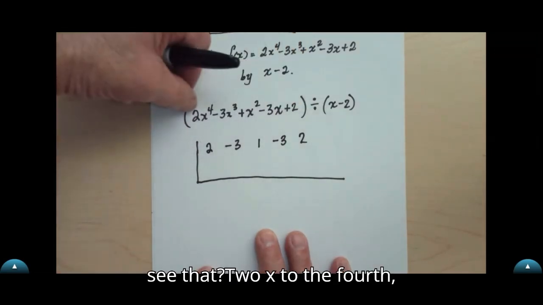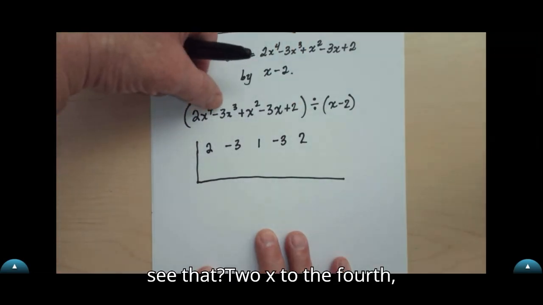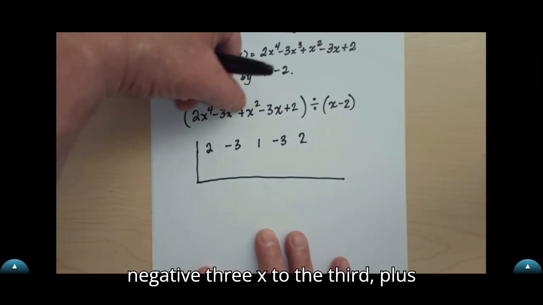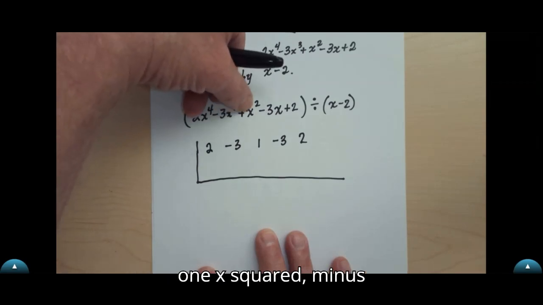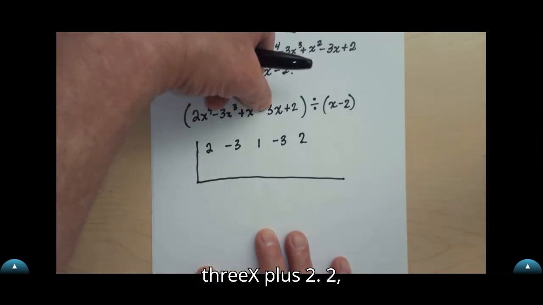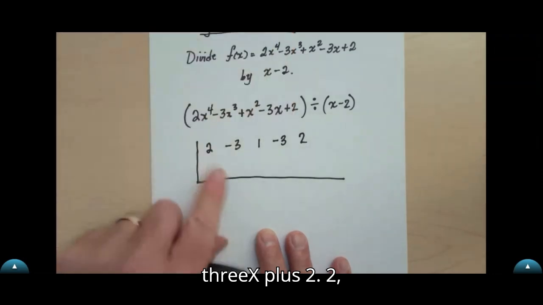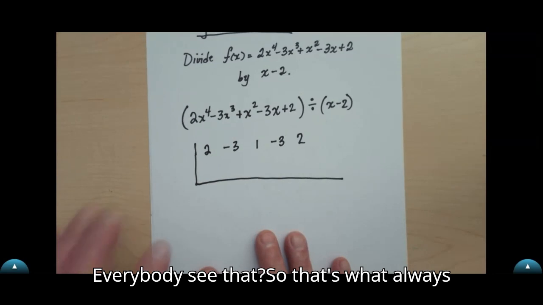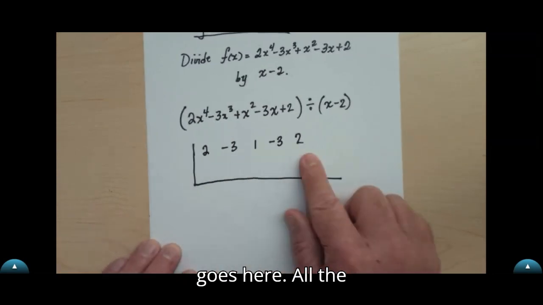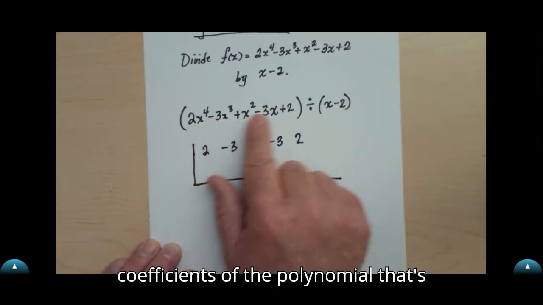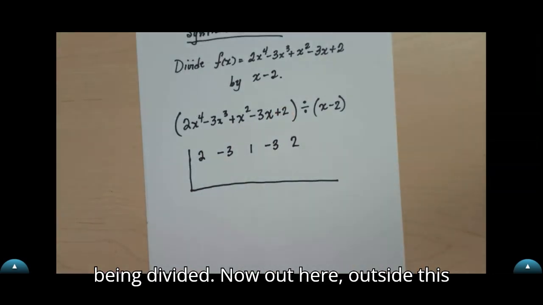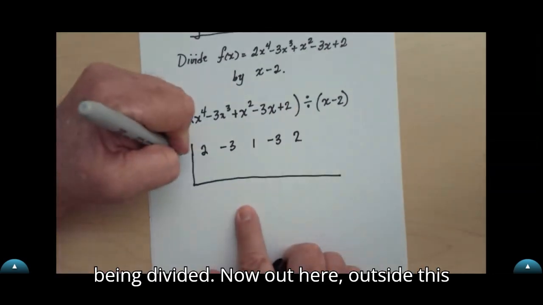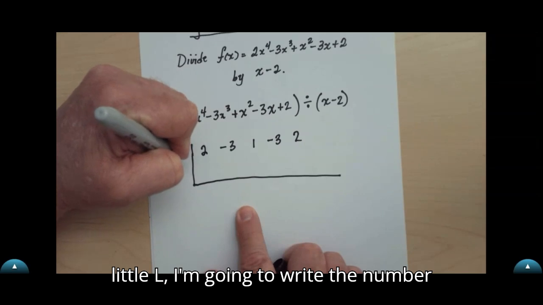Do y'all see that? 2x to the 4th, -3x to the 3rd, plus 1x squared, minus 3x plus 2. 2, -3, 1, -3, and 2. Everybody see that? So that's what always goes here: all the coefficients of the polynomial that's being divided. Now out here, outside this little L, I'm going to write the number 2.